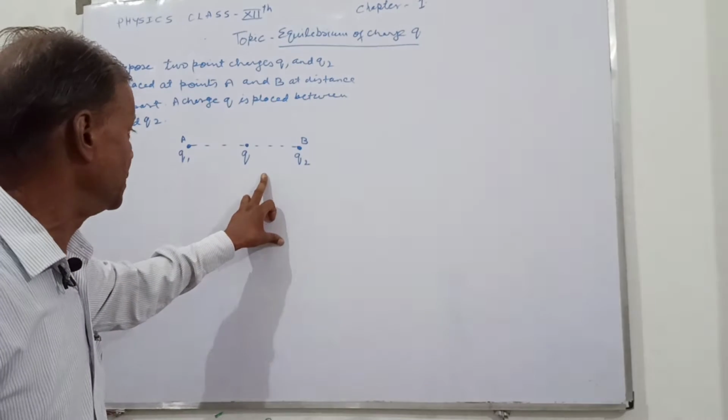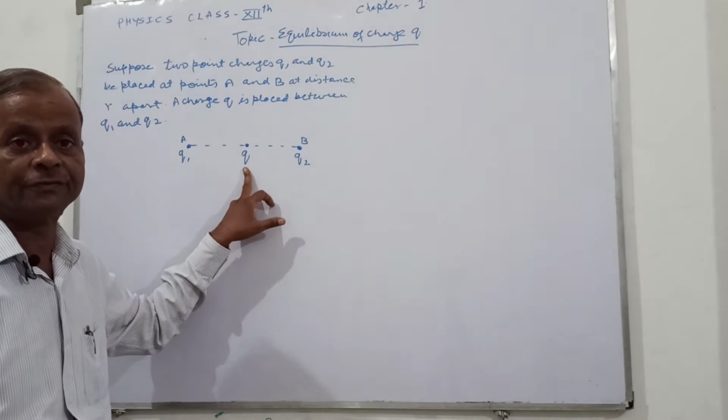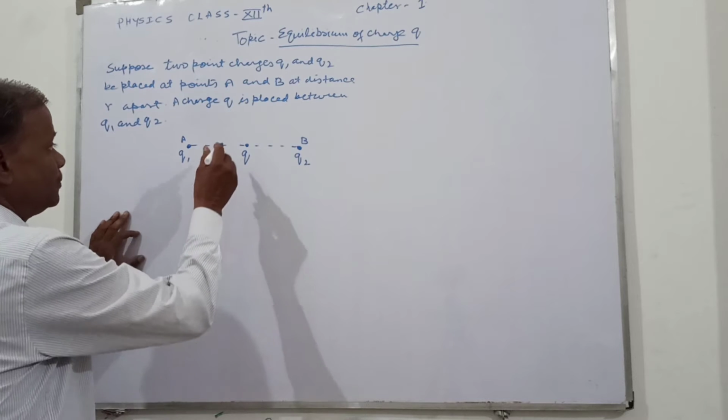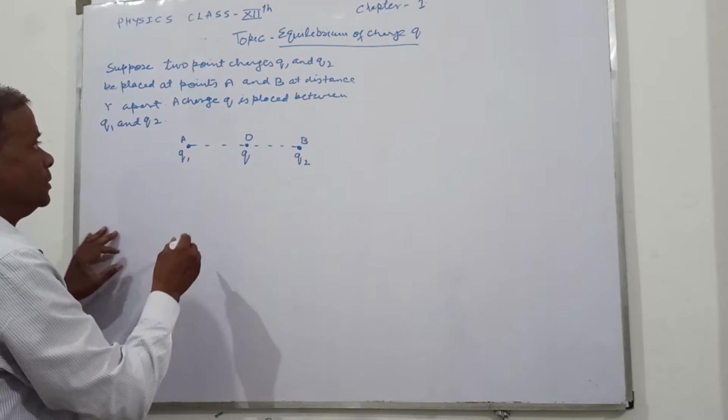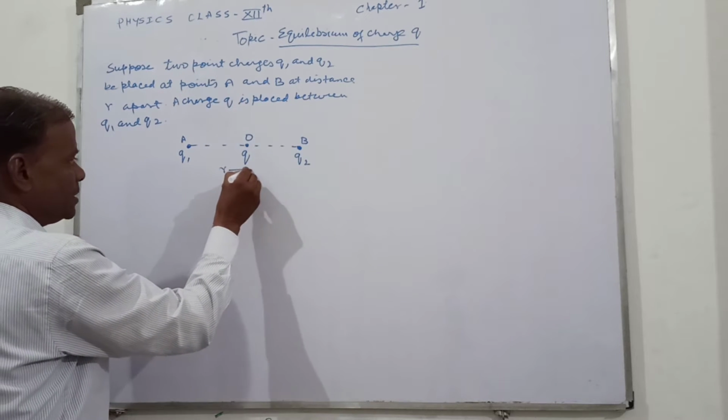A charge Q is placed between Q1 and Q2. Now these two charges Q1 and Q2 are of the same nature as that of the charge Q at the point O. Now the distance between them is r.